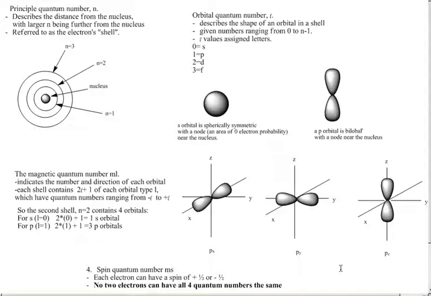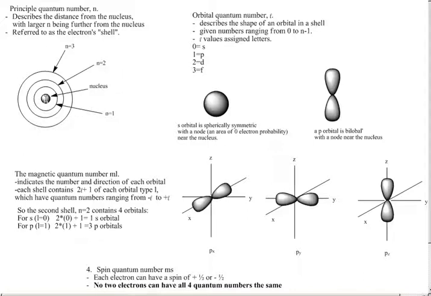There are generally 4 quantum numbers that we use for describing the electrons in an atom. The first is called the principal quantum number, and this is the one that's usually associated with the electron's shell. It's given a value of 1 or 2 or 3 and so on.